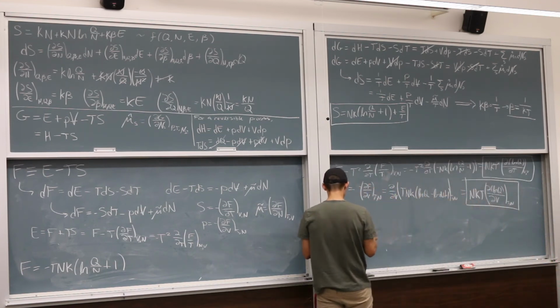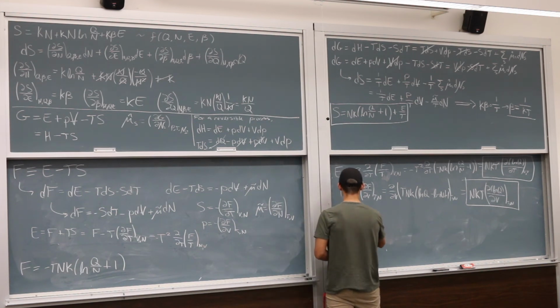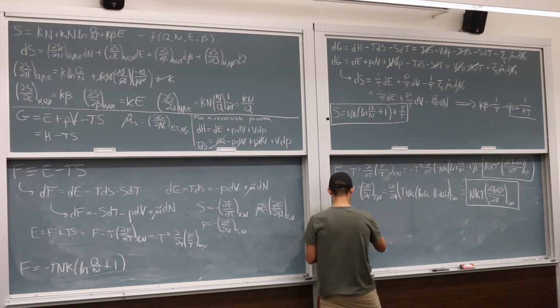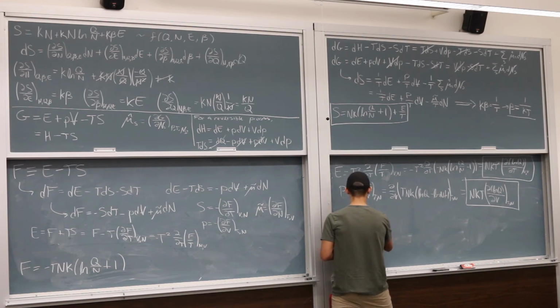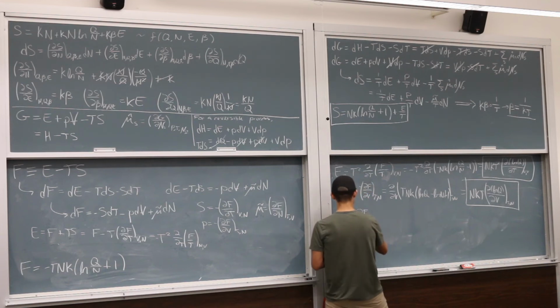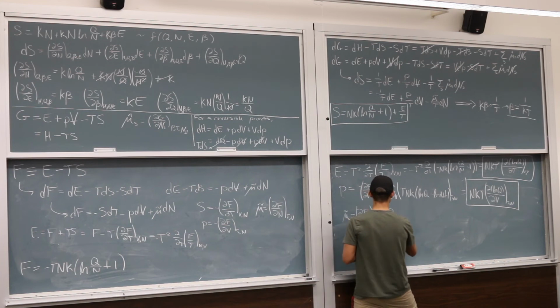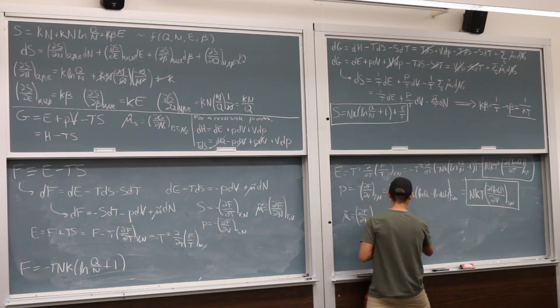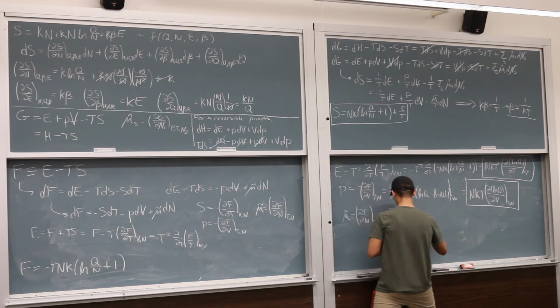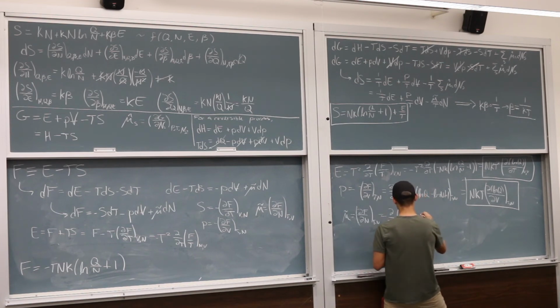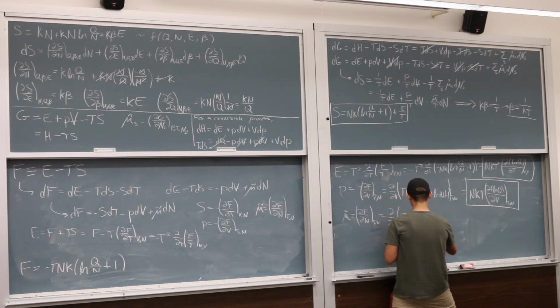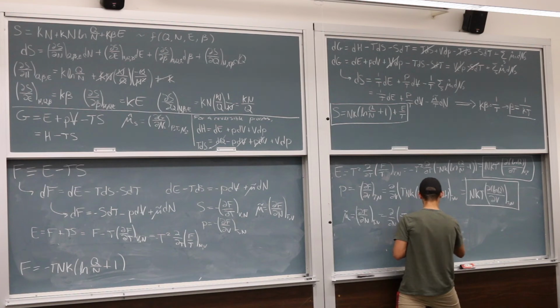Okay, and then we will look at mu, which is equal to dF/dN, holding T and V constant. That is d/dN of minus T N K times the natural log of Q minus natural log of N plus 1.